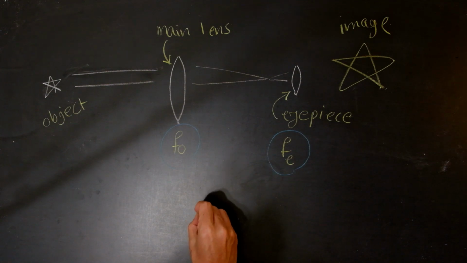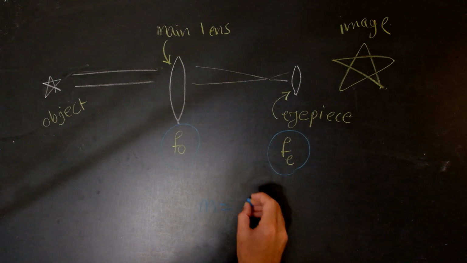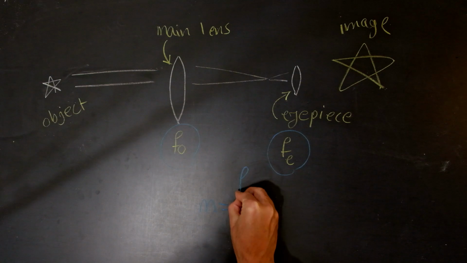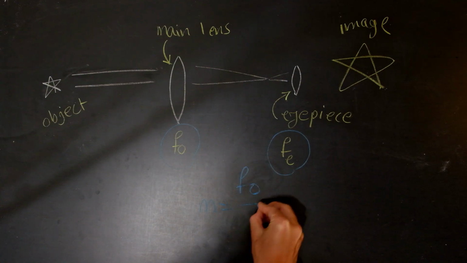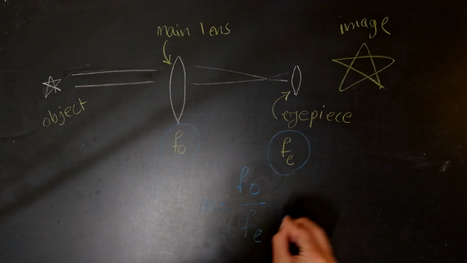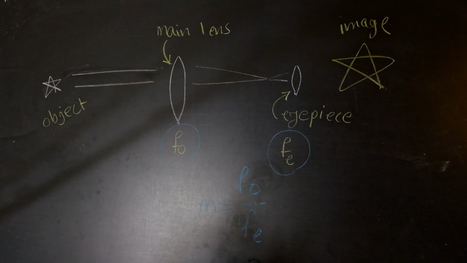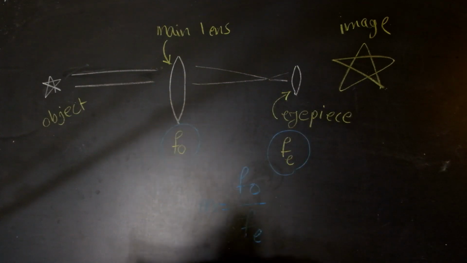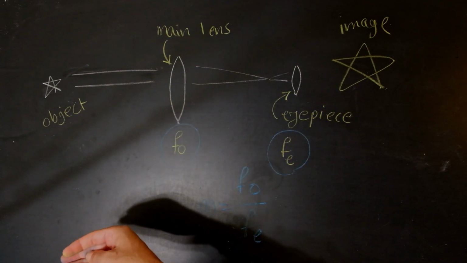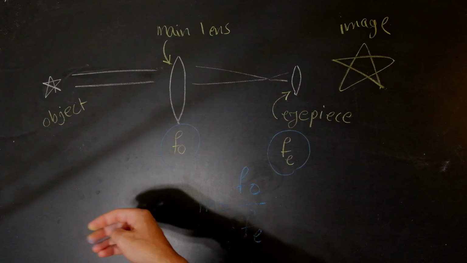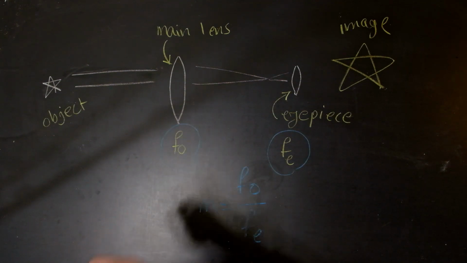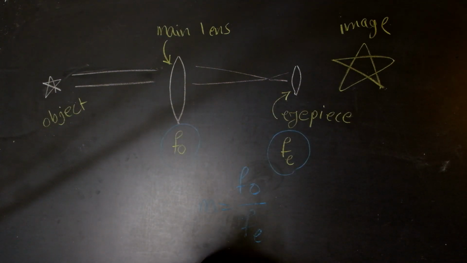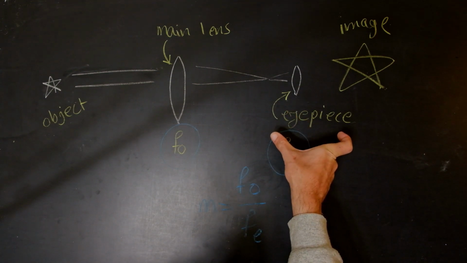So magnification is equal to FO divided by FE. Technically, the main lens is more expensive, so we don't change the main lens. But in order to get different magnifications, we change eyepieces.